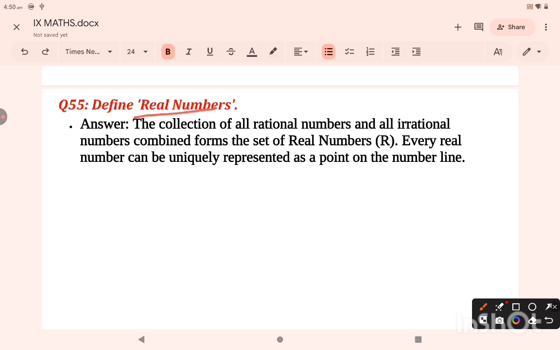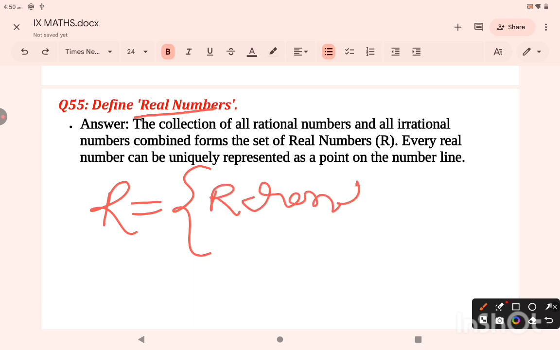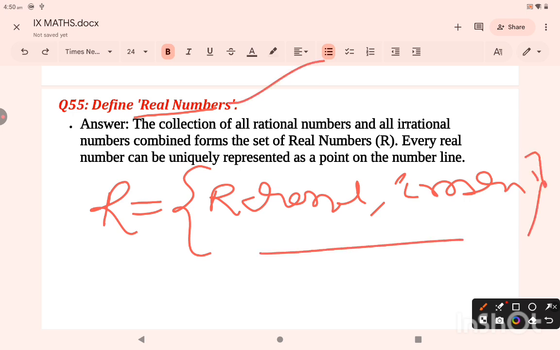Real numbers are denoted by capital R. Capital R is equal to the collection of rational numbers and irrationals. This is called real numbers.